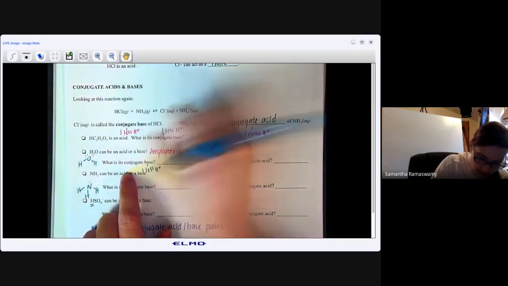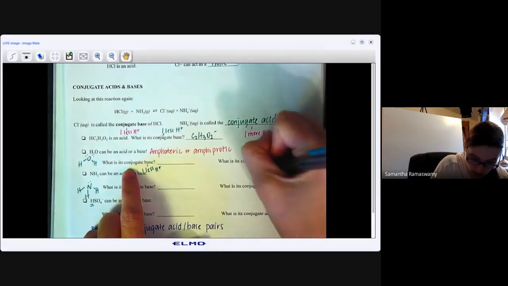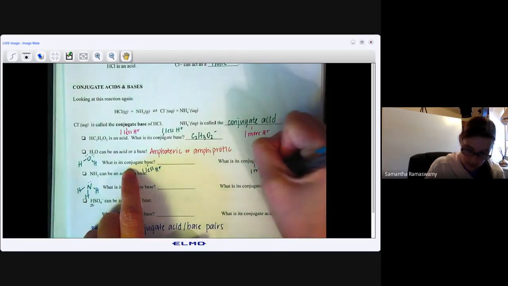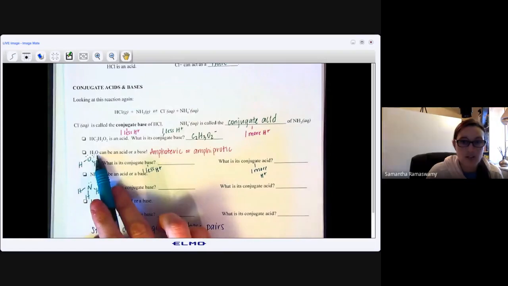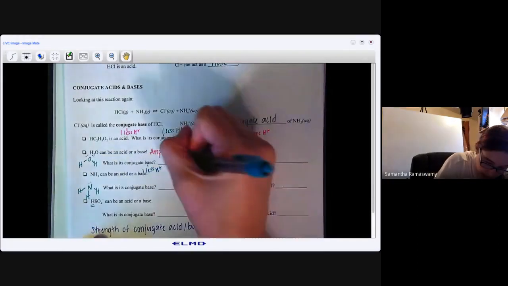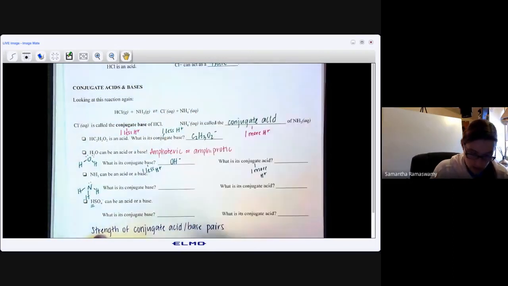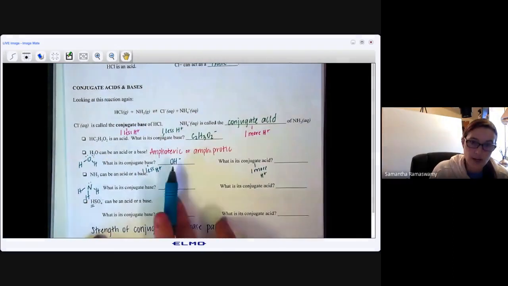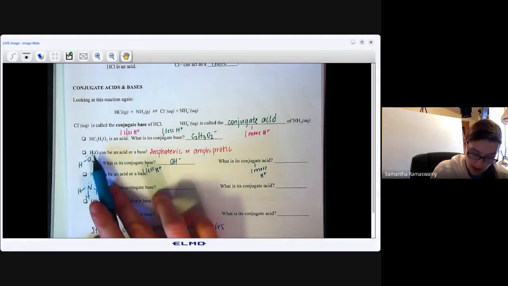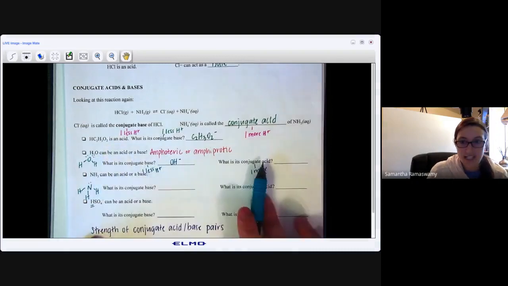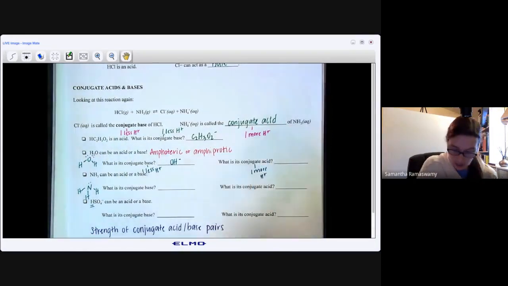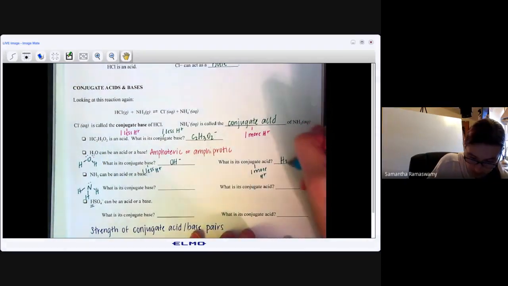The conjugate acids would have one more H plus. So for example, the conjugate base of H2O: you remove an H plus, it becomes OH minus. So if H2O is the acid, OH minus is the conjugate base. But if H2O acts as a base, the conjugate acid is what happens after you accept an H plus. That's H3O plus.